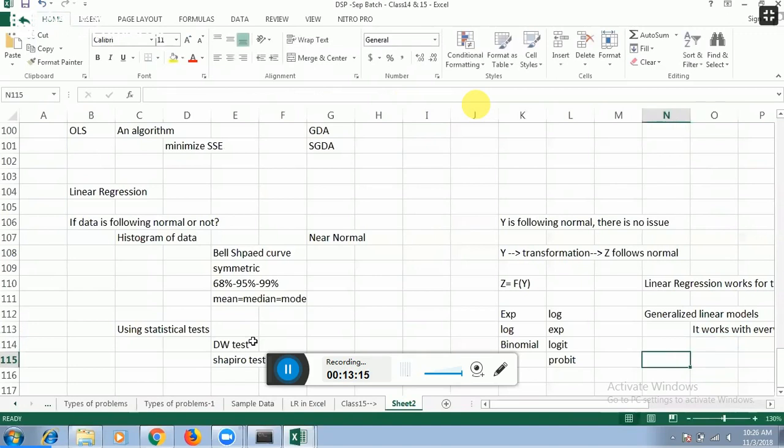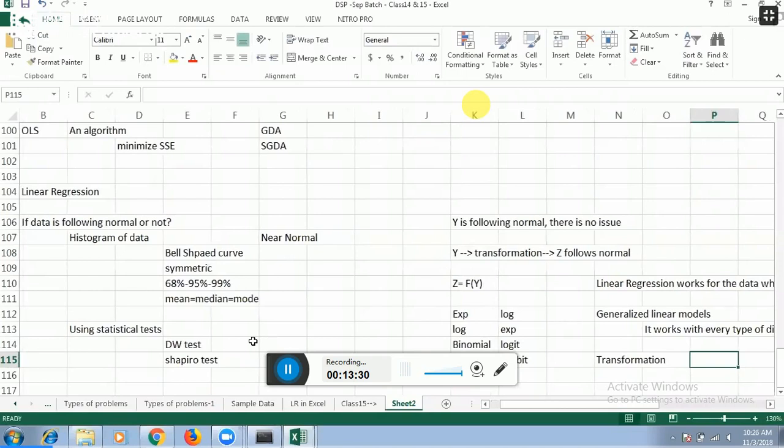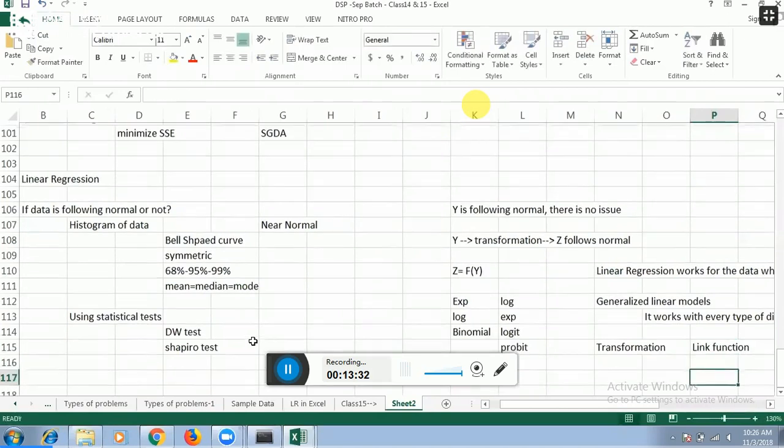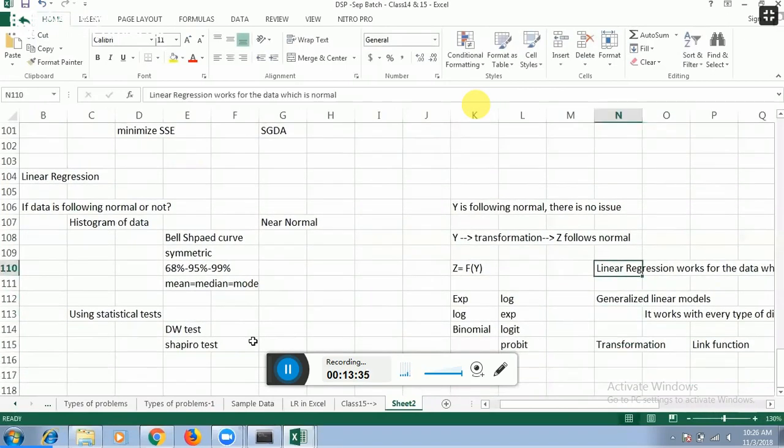To convert into a normal distribution, we use some transformation. That transformation is nothing but some function, and we call it a link function. So z equals f of y, where f is the link function.